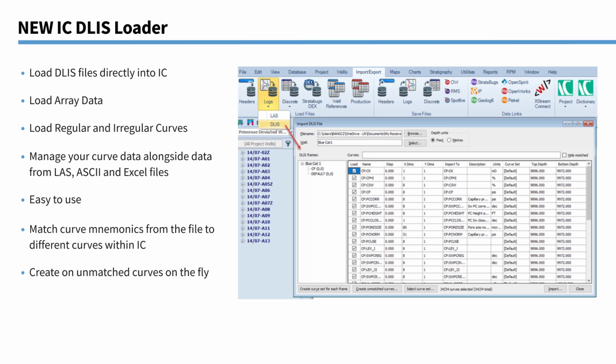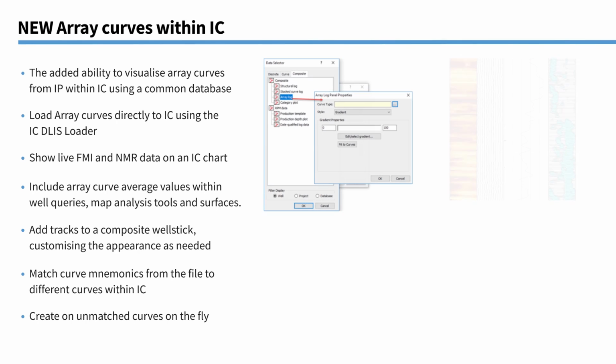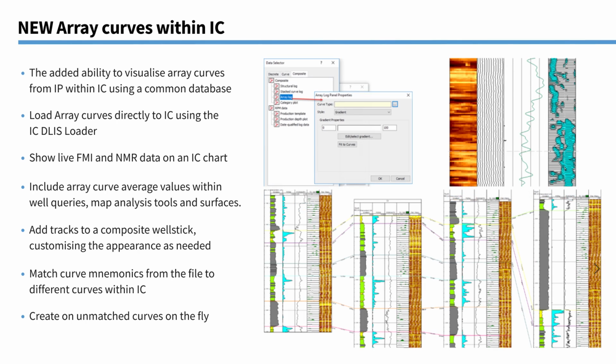They can manage your curve data alongside data from LAS, ASCII, Excel files, etc. It's very similar to the IP DLIS loader in that it's very easy to use. And it also enables users to create and match curves on the fly as well. So leading on from that, once your data is loaded into IC, either via the new DLIS loader or using the IP-IC common database or the IP direct link with IC, you would then want to visualize that data.